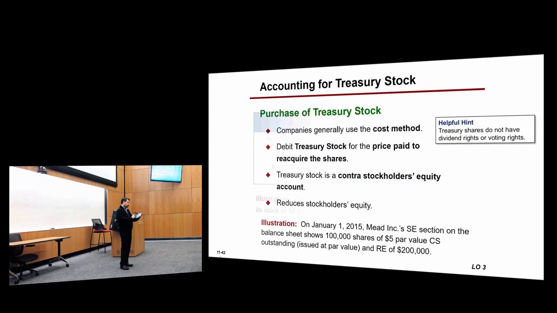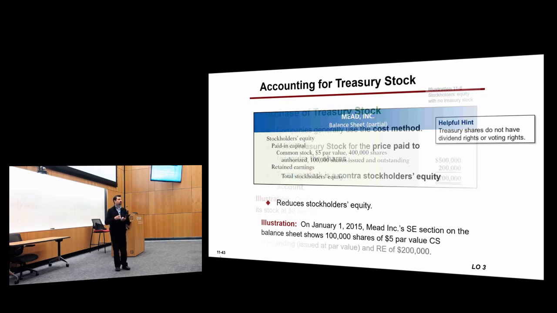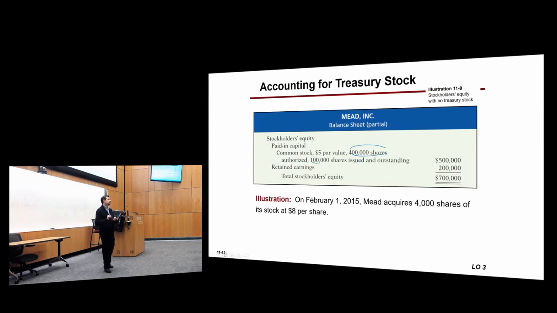Remember, in this example, par value is $5. So the amount of common stock that will show on the balance sheet is 500,000. They did not say anything about paid-in capital in excess, so we do not include it. The other part, retained earnings, is 200,000. As a result, total stockholders' equity is 700,000.